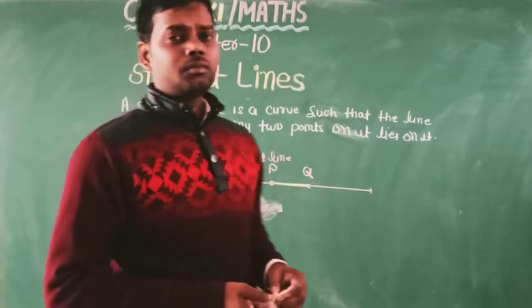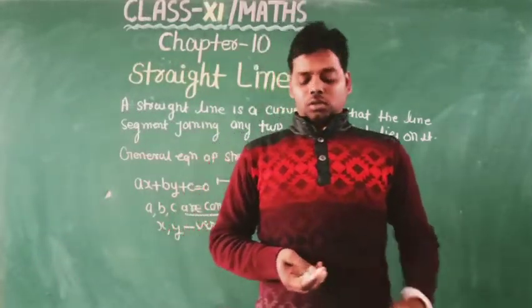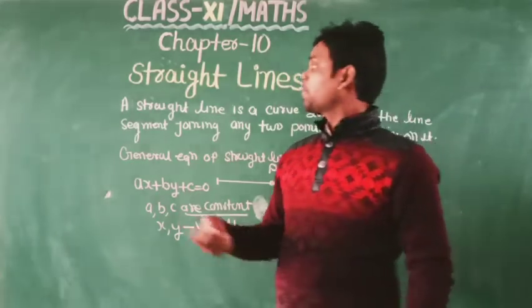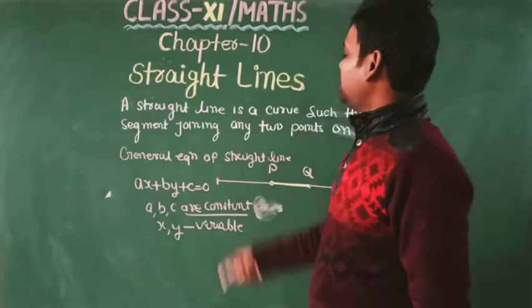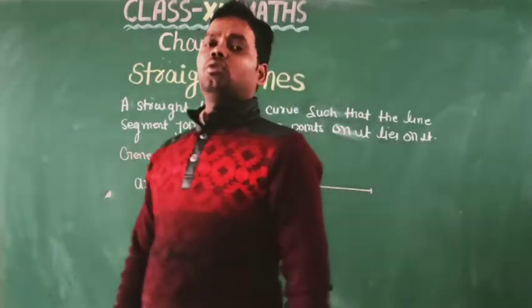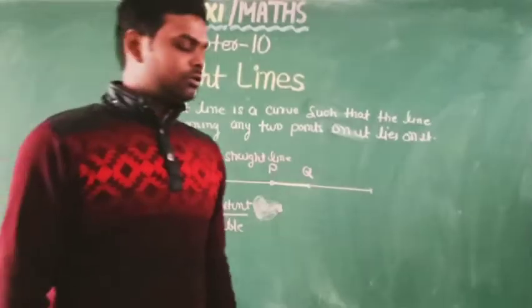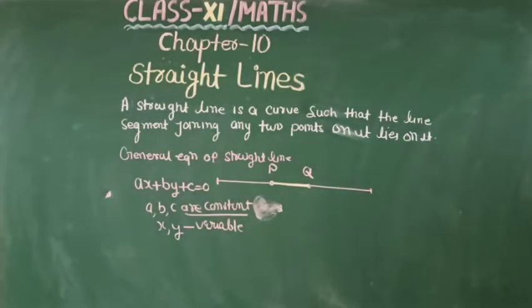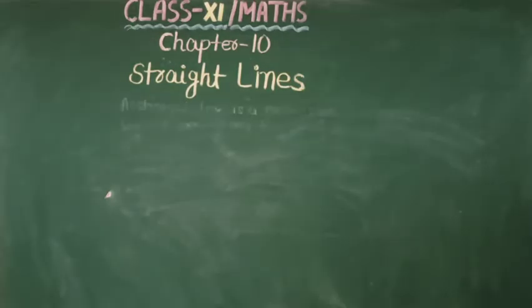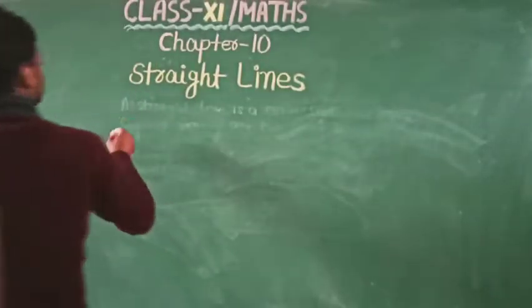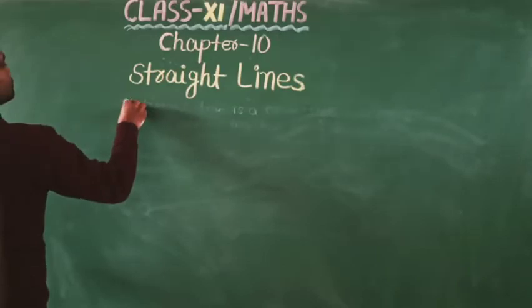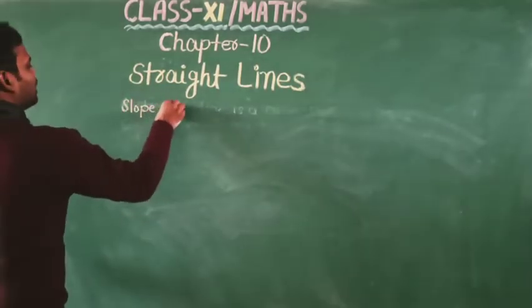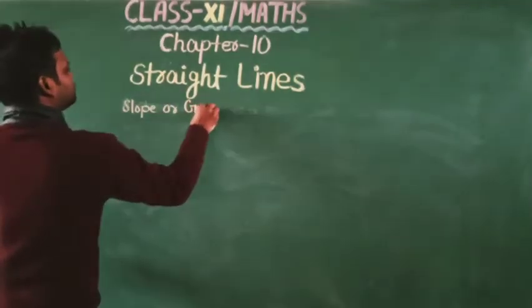So the first topic of this chapter is slope or gradient. What is the slope or gradient of a straight line?